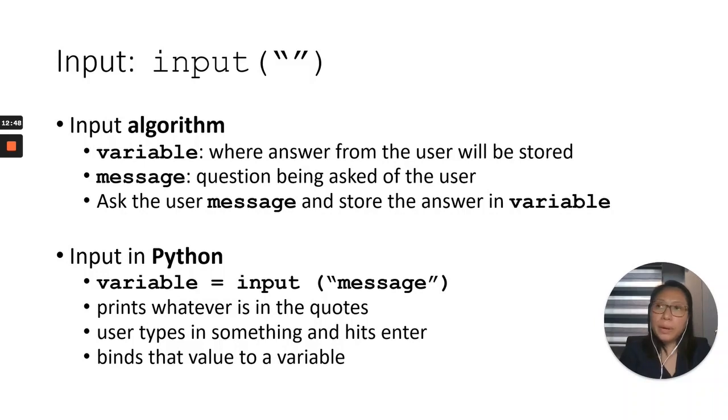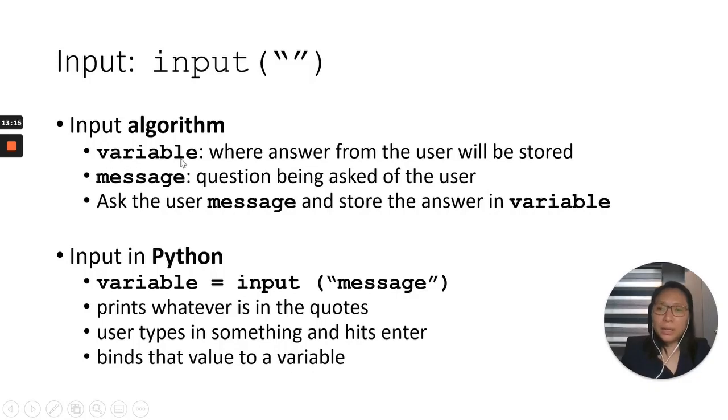So the program is asking something from the user. Somehow the program asks a question, the user answers, and that answer will be used by the program. This one is a general algorithm, so it may be applicable to other languages.